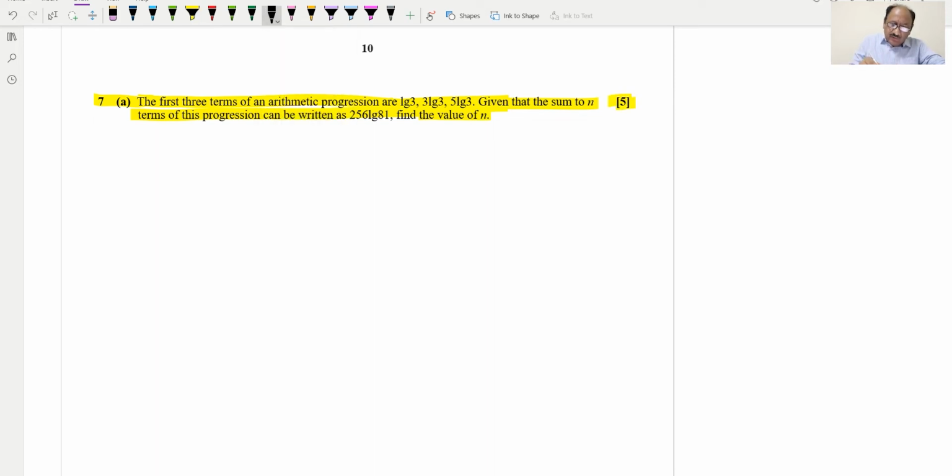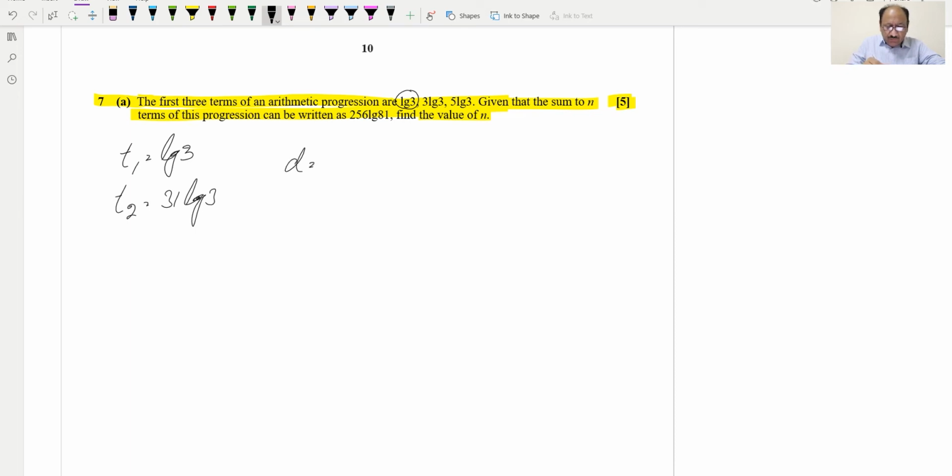So term 1 is this one, log of 3. So we can write t1 is equal to log of 3, and t2, term 2, is 3 log of 3, and the difference we can find as t2 minus t1.